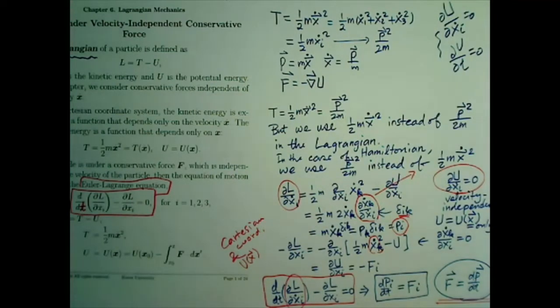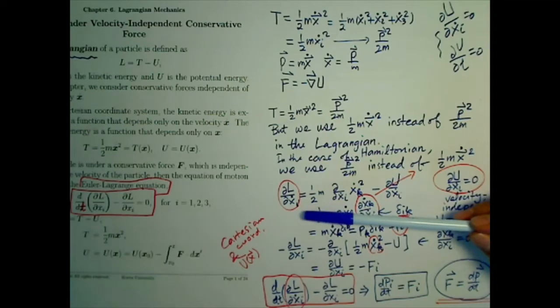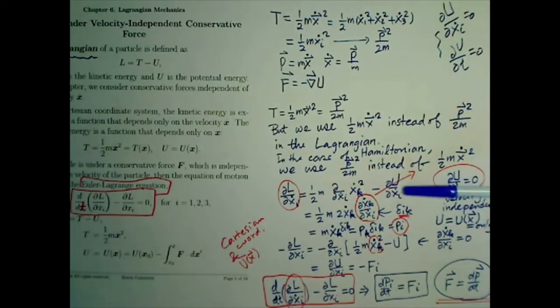So if I take the partial derivative of L with respect to the velocity xi dot, then the contribution of the potential energy vanishes, and the only surviving term is the contribution of kinetic energy.